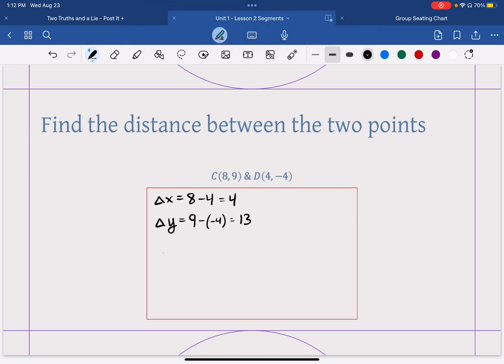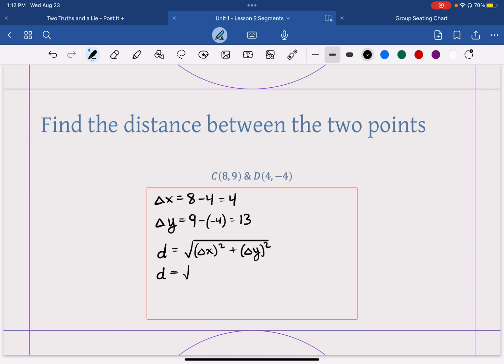And so we know the distance formula is going to be, what I like to say, the change in x squared plus the change in y squared, all square rooted.